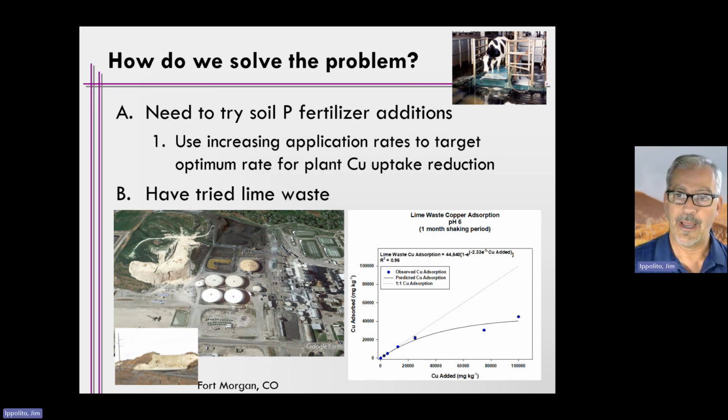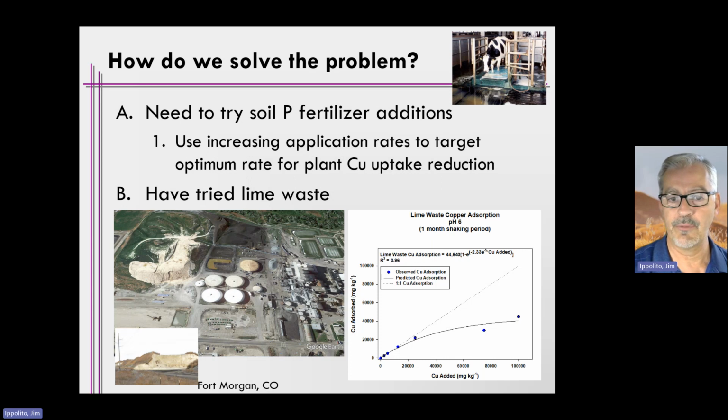You could try, instead of putting the hoof bath waste into the wastewater effluent, to divert it into maybe a secondary system that could sorb copper. One of the things we were working on where I used to live was mixing that waste liquid, in the top right-hand corner, with lime waste.